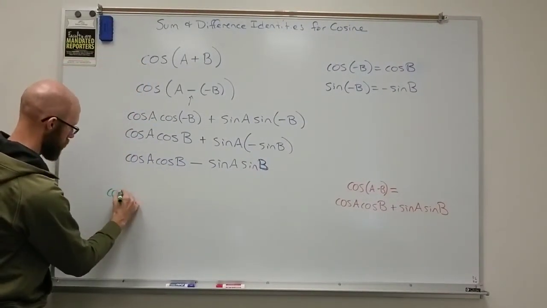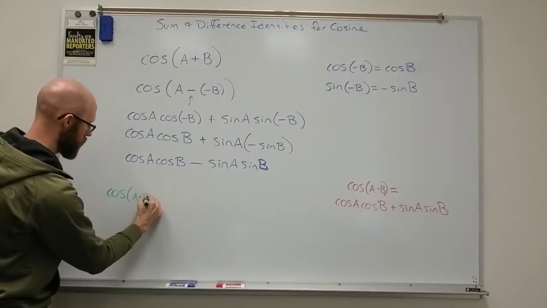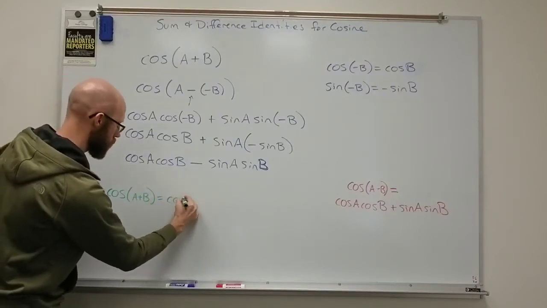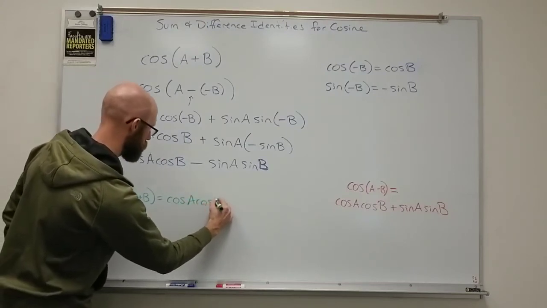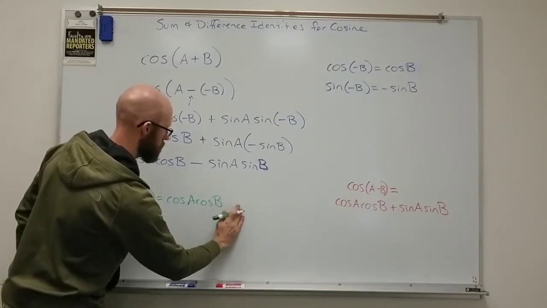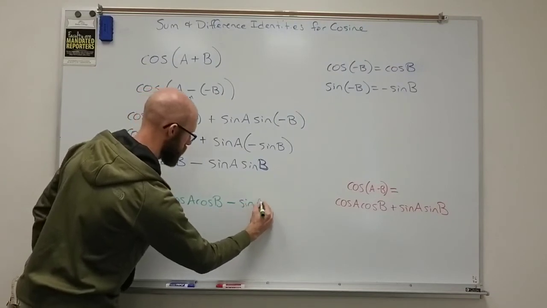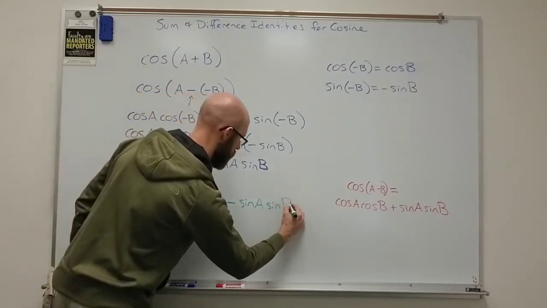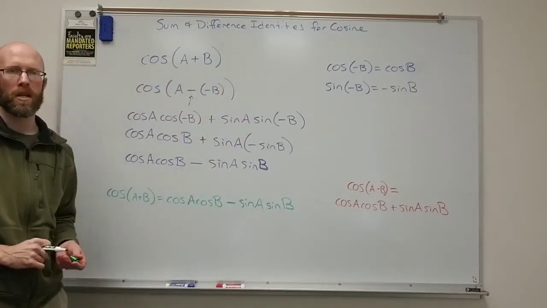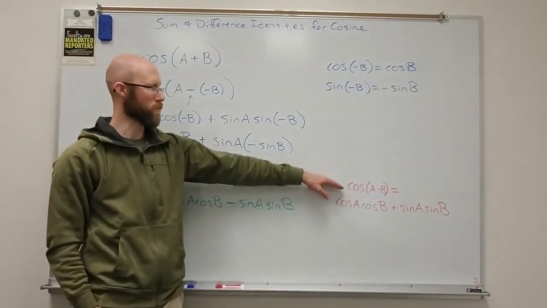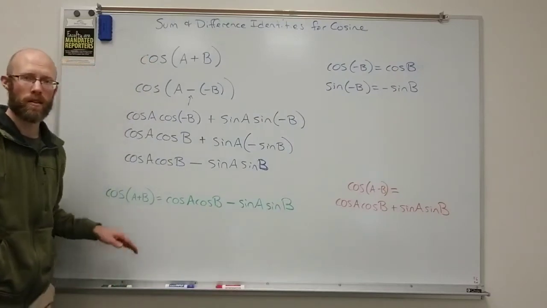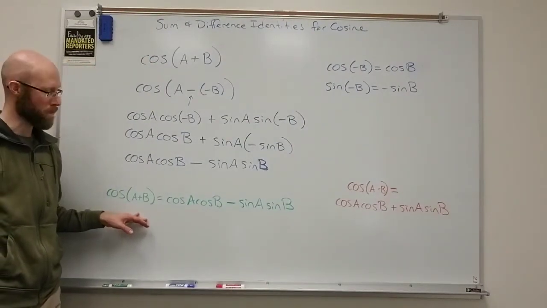So the cosine of A plus B is equal to the cosine of A times the cosine of B minus the sine of A times the sine of B. All right. So we've now got two formulas, a formula for the cosine of a difference and a formula for the cosine of a sum.